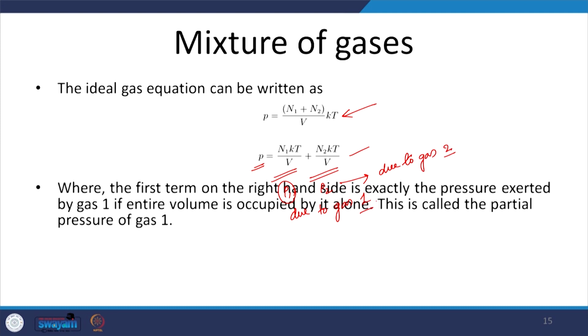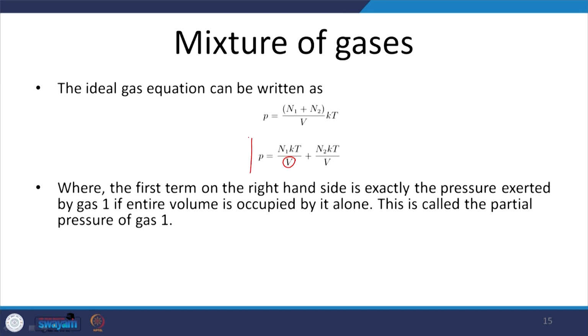So, the first term on the right hand side is exactly the pressure exerted by gas 1 if it is occupying the entire volume by itself, right. And P2, so here V is appearing in the denominator, right.